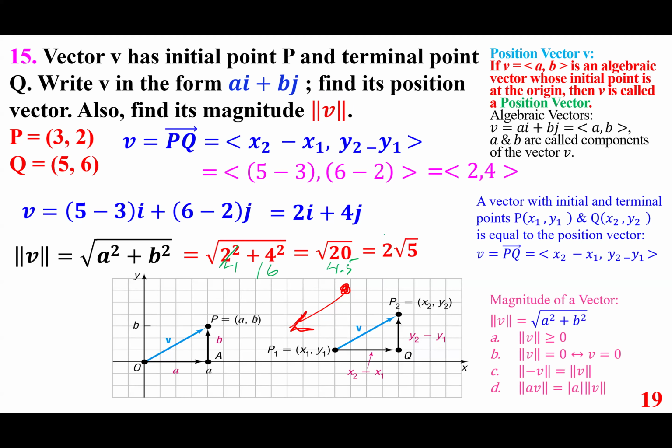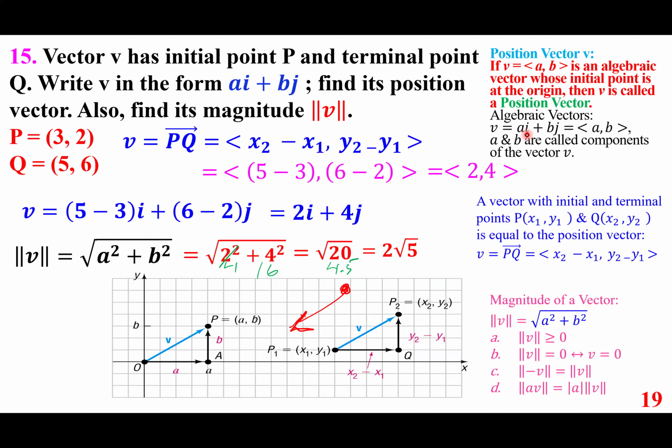A quick recap so we can continue. When we use this notation, we are representing a vector with two components, the a component and the b component. The first component is along the x-axis, the second one is along the y-axis. We can represent it in this format, or ai plus bj.